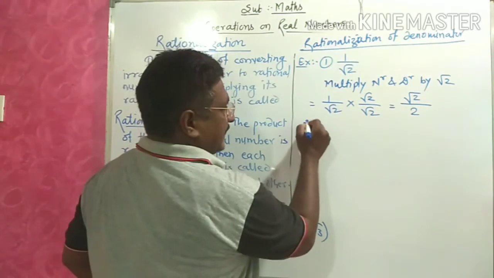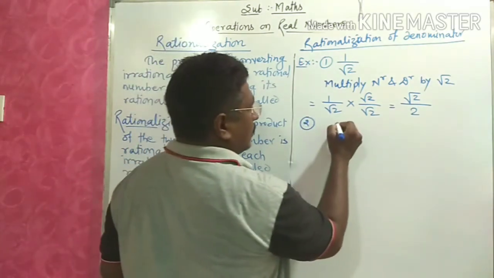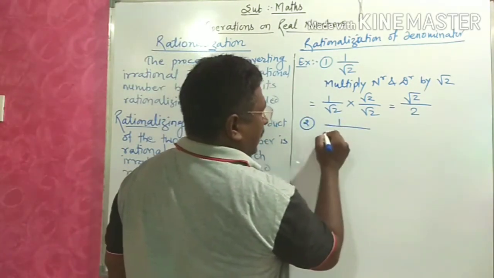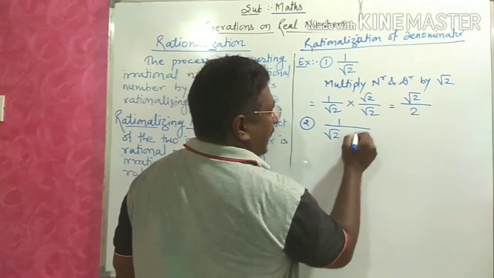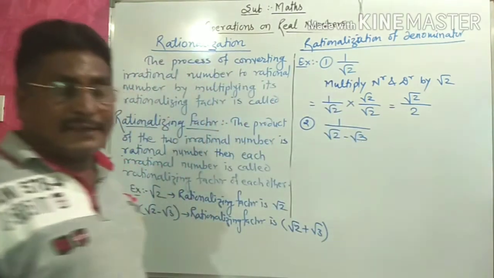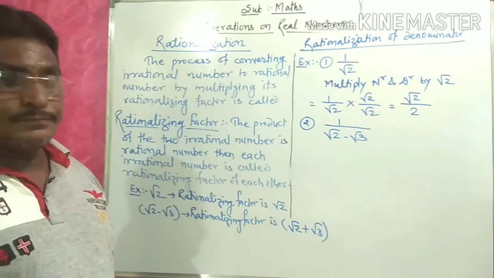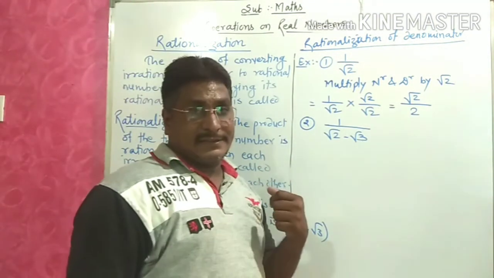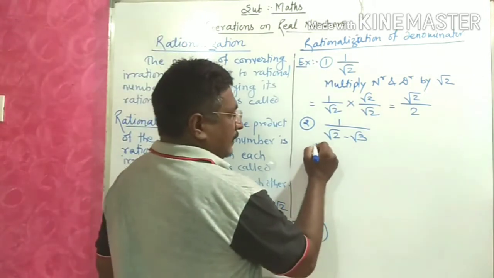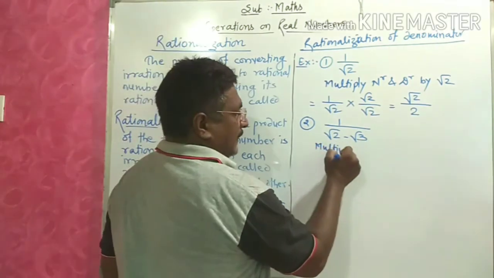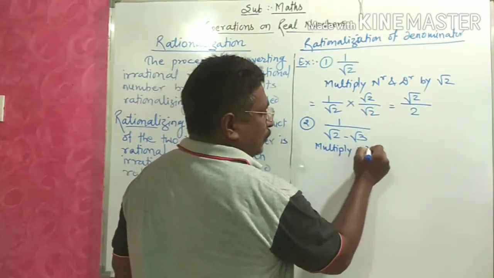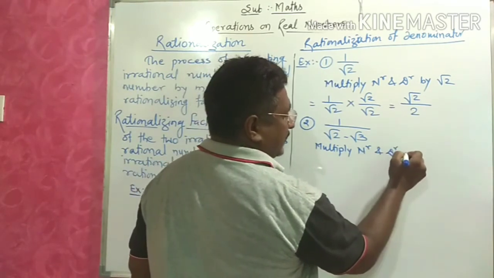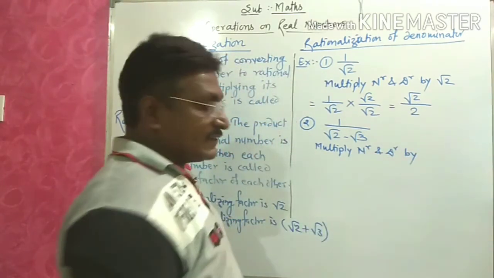Now second, 1 by root 2 minus root 3. Rationalize the denominator. Now here two terms are there. So how to rationalize? Multiply numerator and denominator by the rationalizing factor.